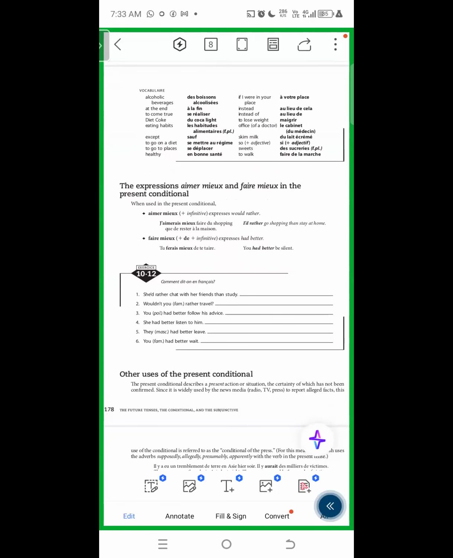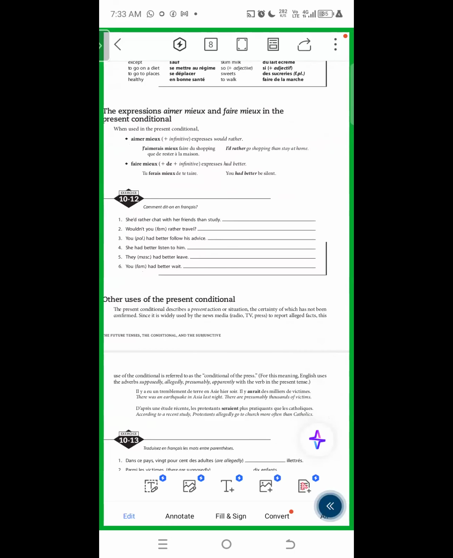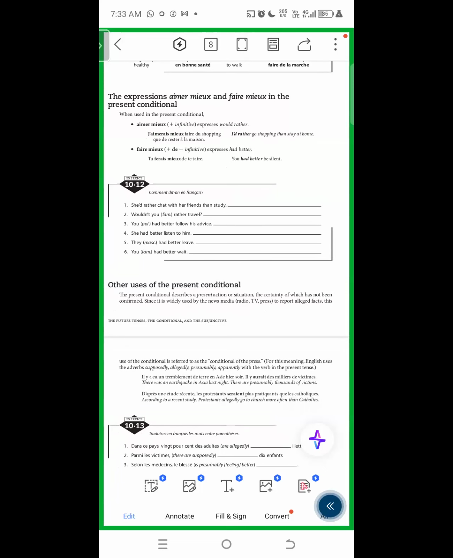Now let's see some expressions with aimer mieux and faire mieux in the present conditional tense. These are two expressions. Can you read it for me? The expressions aimer mieux and faire mieux in the present conditional. When used in the present conditional, aimer mieux plus infinitive expresses "would rather."